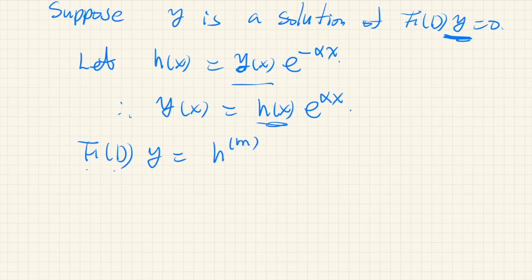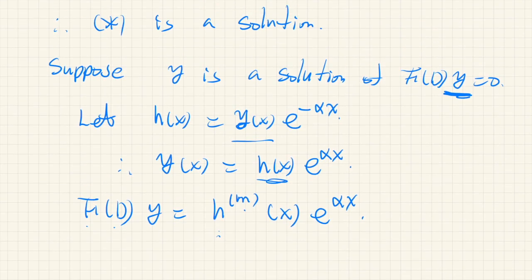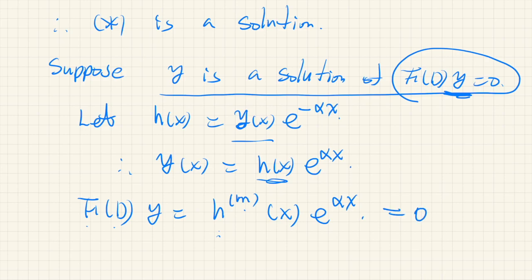So this f(D) is the mth power of D minus alpha. So this results in the mth derivative of h times exponential of alpha x. But from the assumption, y is the solution of this equation, so this must be equal to 0.